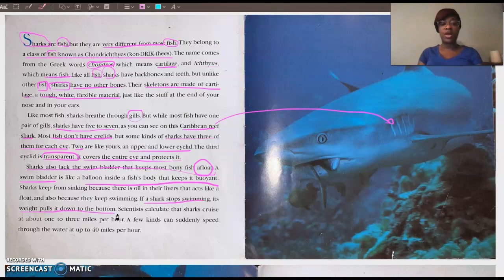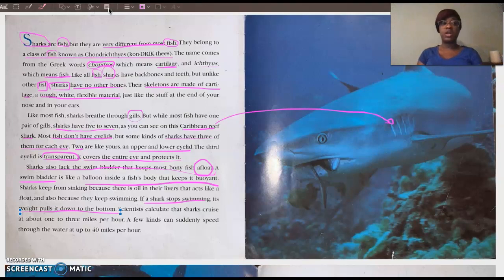So now we know that sharks stay afloat because their liver acts like a float, right? But if they stop swimming, their body pulls them down to the bottom of the ocean. Perhaps that's why we find sharks a lot at the bottom of the ocean versus at the top. Maybe we find them at the top when they're hunting for their prey or swimming, right?